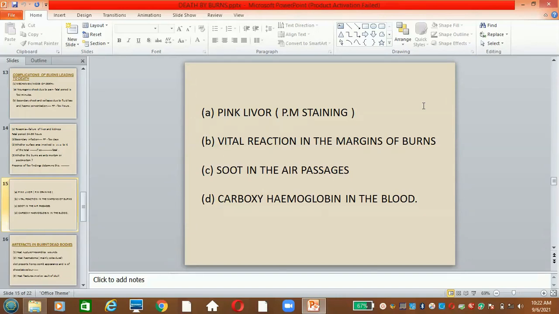If soot or smoke is present in the air passages mixed with mucus, it also indicates antemortem burns. And carboxyhemoglobin level in the blood, if it is enormously raised, indicates death due to burns.